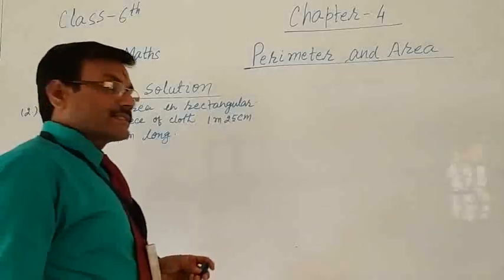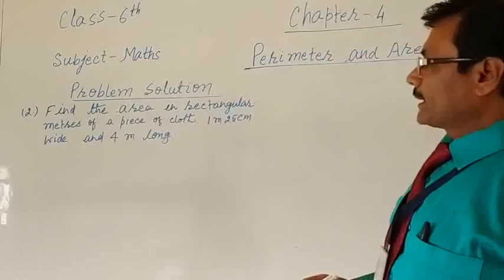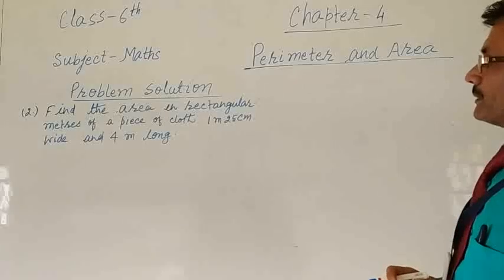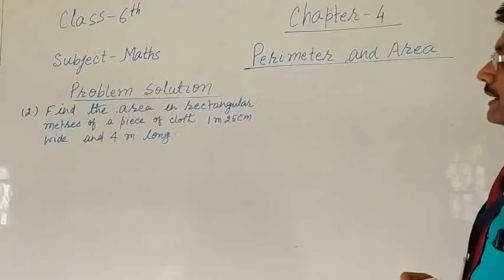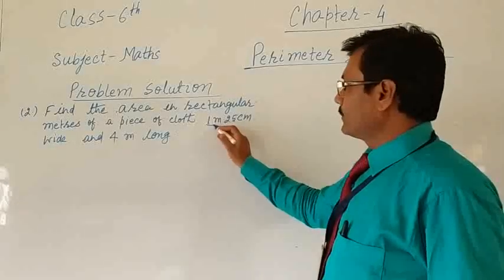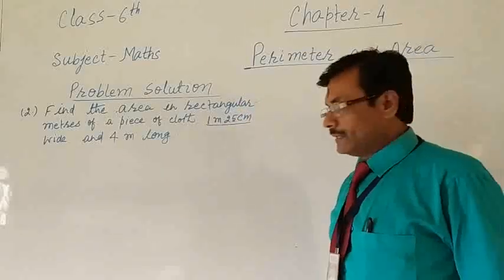Now second question is there, we find the area in square meters of a piece of cloth 1 meter 25 centimeter wide and 4 meter long. So children, first of all we need to change this width in meter.